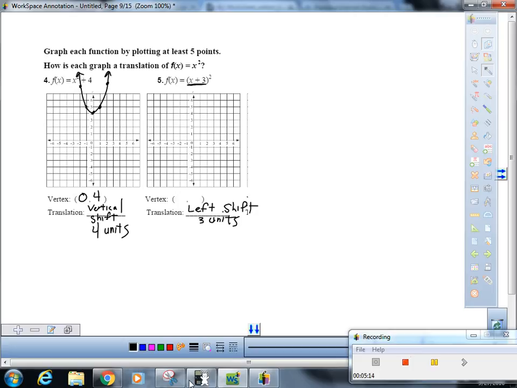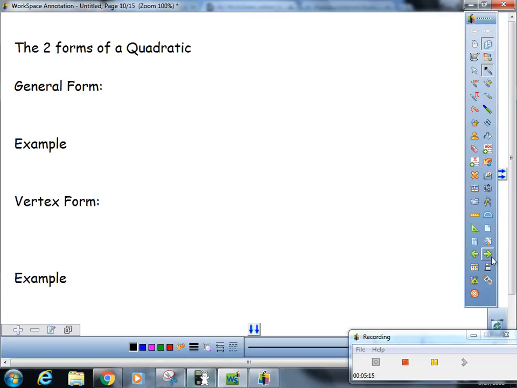Okay, moving on. Here's a little piece of the lecture that is actually new, and it's notes, okay? First, I want you to understand there are 2 forms of a quadratic equation. The typical form is y equals ax squared plus bx plus c. You'll recognize that possibly from the warm-up that we just did when I asked you to factor equations. Those 2 things are very related.